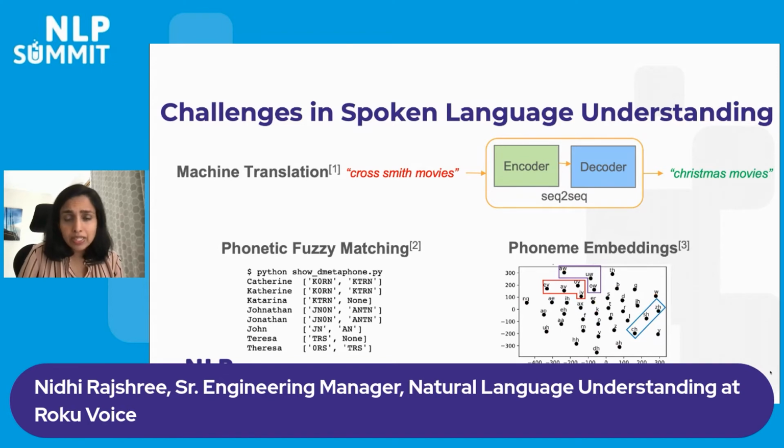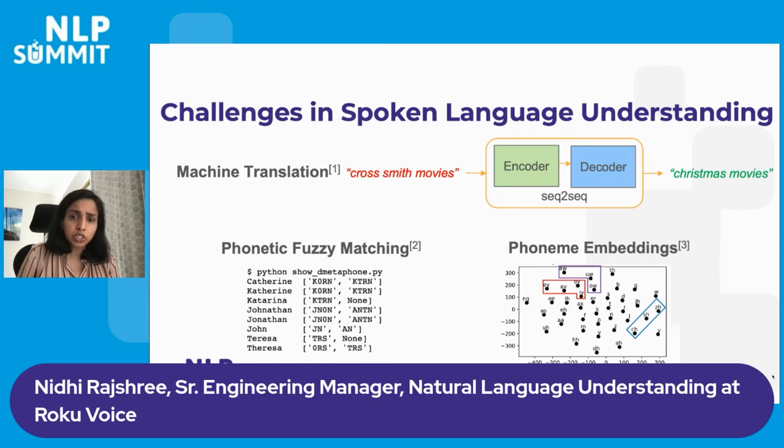The same techniques of seq-to-seq models can be used for this, trained on pairs of erroneous transcriptions and corrected transcriptions. For example, in this case, Cross-Smith movies and Christmas movies. And then these could help do some ASR correction.